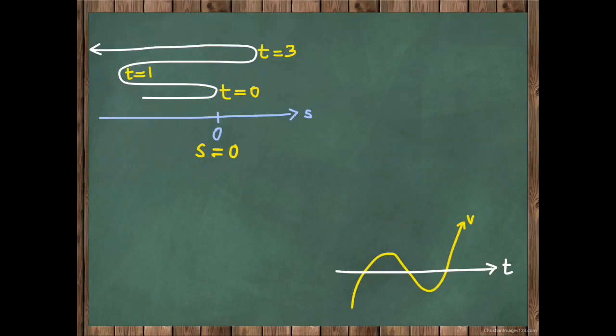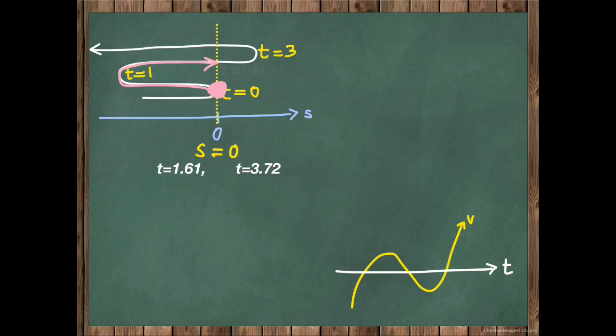So to make it clear, when the particle returns to the origin it means that the displacement s equals 0. So when s equals 0, the value of t is 1.61 and 3.72. When the particle returns to the origin for the first time, the time is 1.61. So the location is here when t equals 1.61.